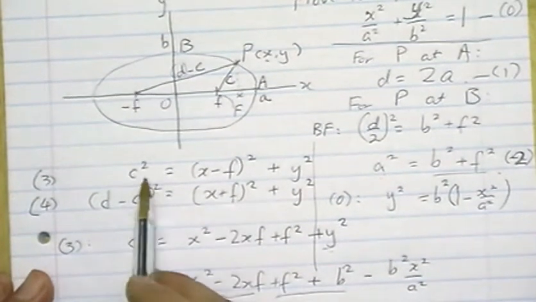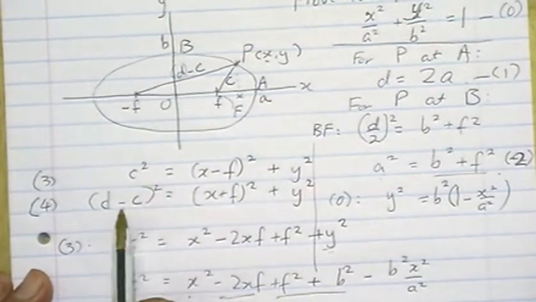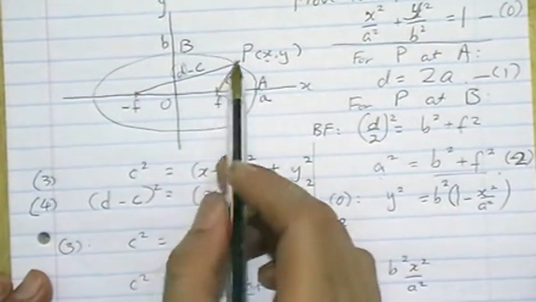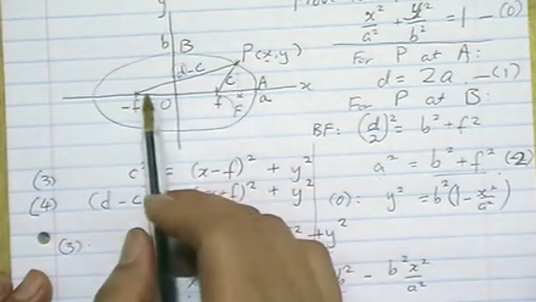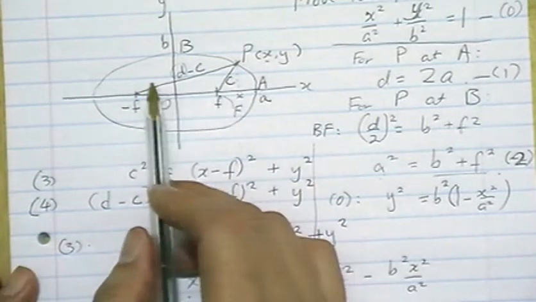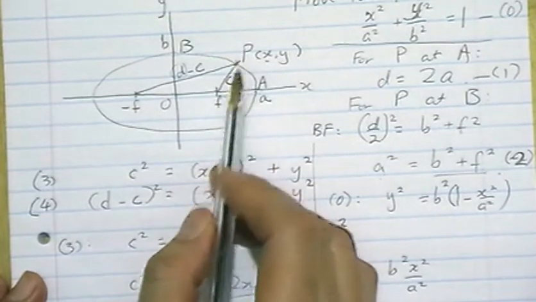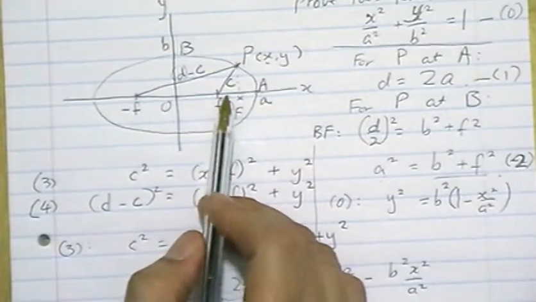Now I want to find a corresponding relation from d minus c. That means for the other length. C is this length, d minus c is that length. I want to find a corresponding expression for this length so that I can add this length to this length and show that the answer is a constant.